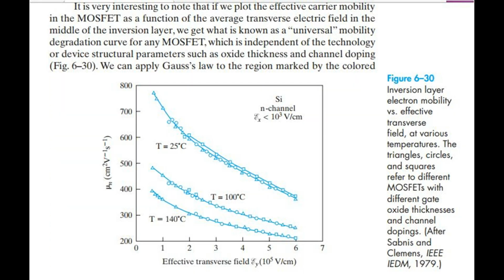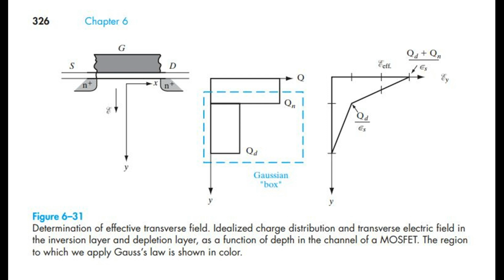Inversion layer electron mobility versus effective transverse field, at various temperatures. The triangles, circles, and squares refer to different metal oxide semiconductor field effect transistors with different gate oxide thicknesses and channel dopings.